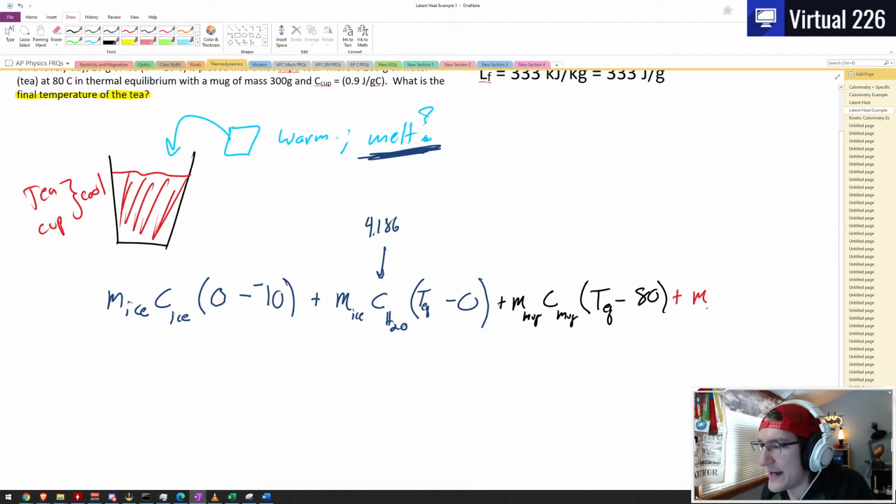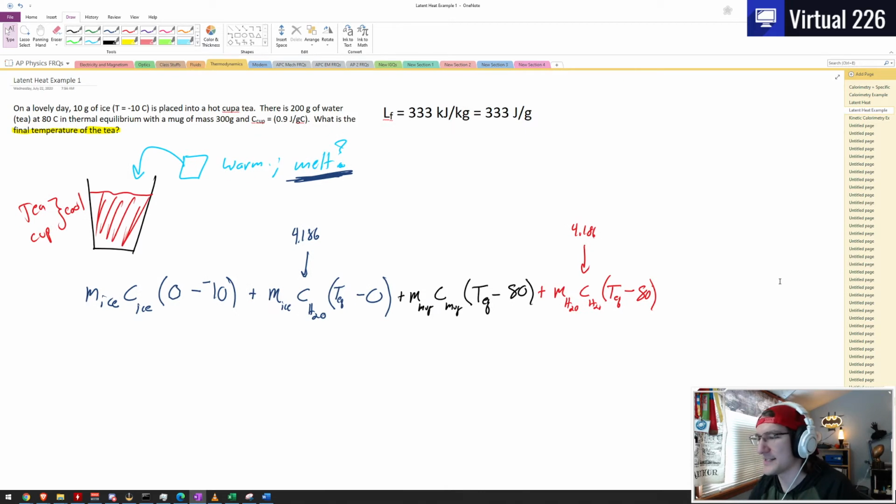We've got the mass of the H2O, which was the tea, the specific heat of H2O, which is at 4.186, and then the delta T here will be the equilibrium temperature at the end, minus the initial temperature of 80 degrees Celsius. And all of this is equal to 0 because we have a closed system in this problem.